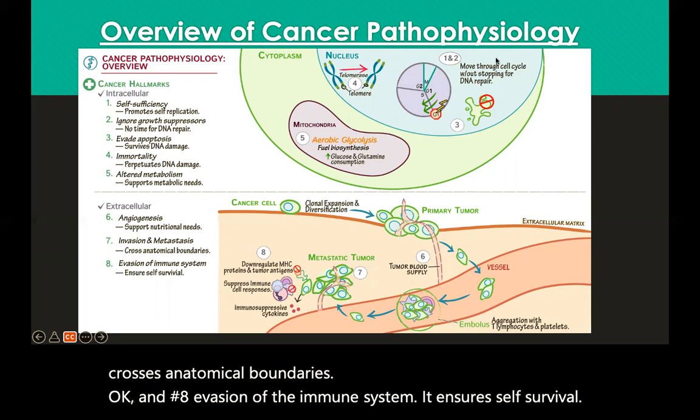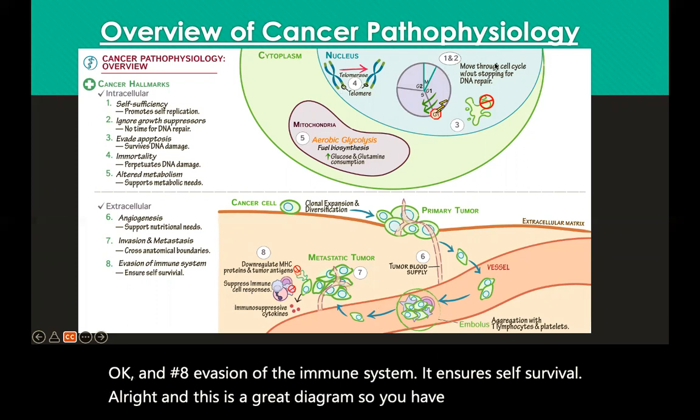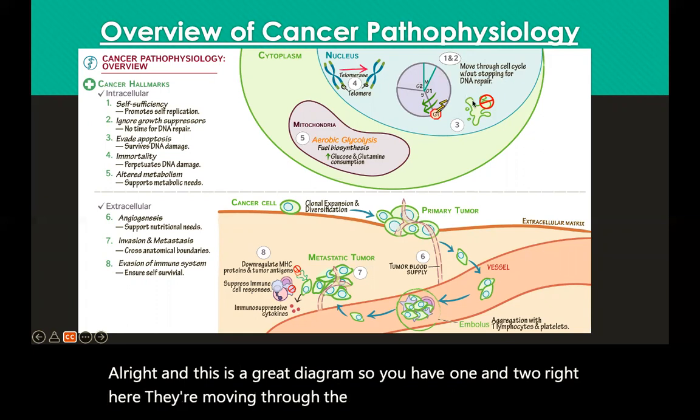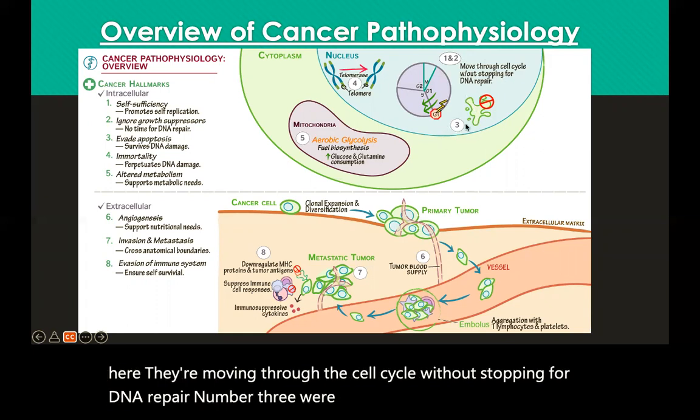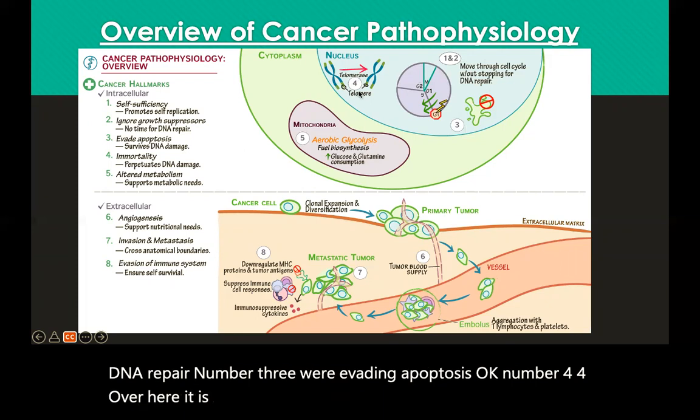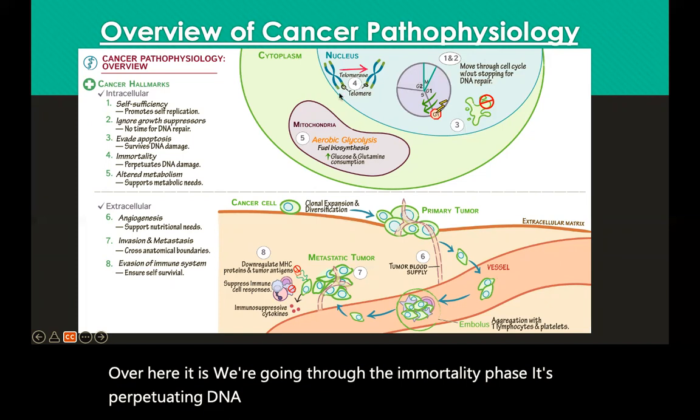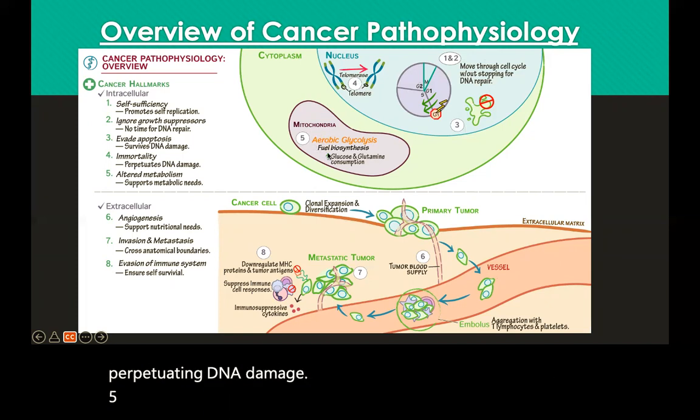All right, and this is a great diagram. So you have 1 and 2 right here. They're moving through the cell cycle without stopping for DNA repair. Number 3, we're evading apoptosis. Number 4, we're going through the immortality phase. It's perpetuating DNA damage. Number 5, we're altering metabolism in the mitochondria, right?